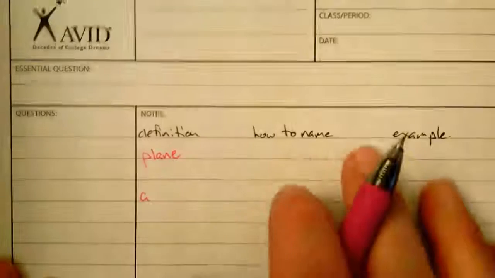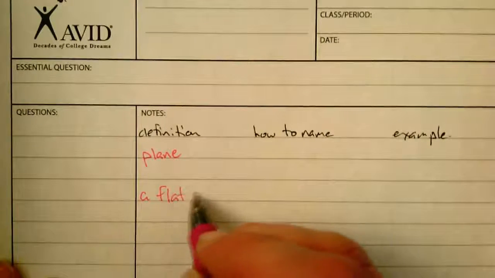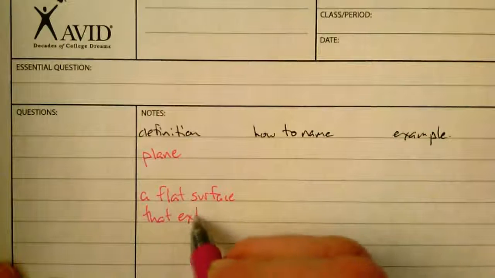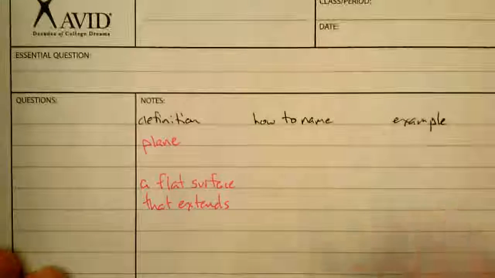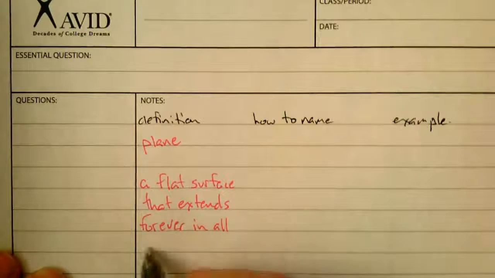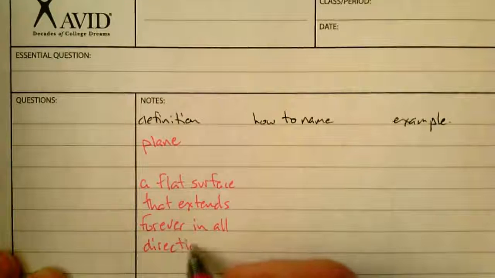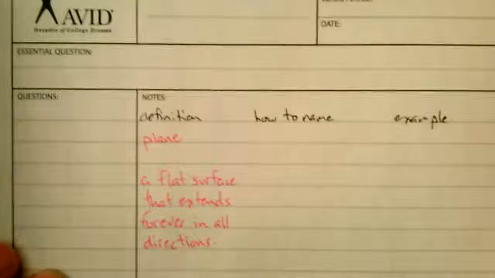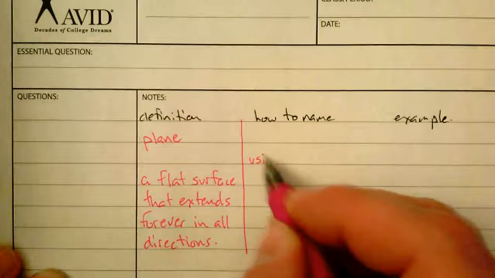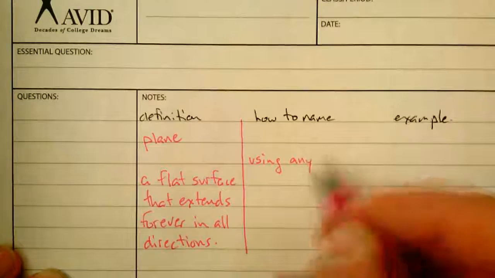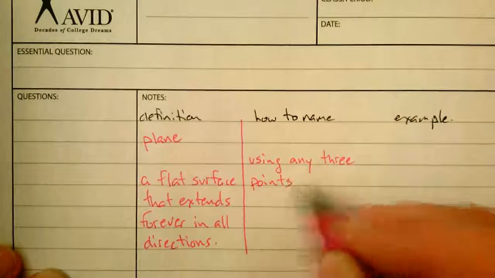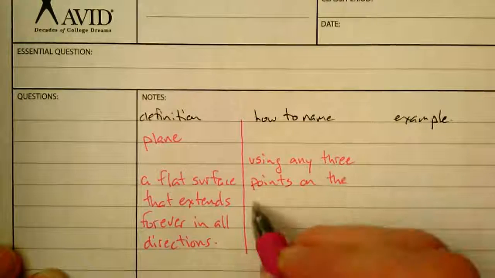A plane is a flat surface that extends forever in all directions. You name a plane using any 3 points on the plane.